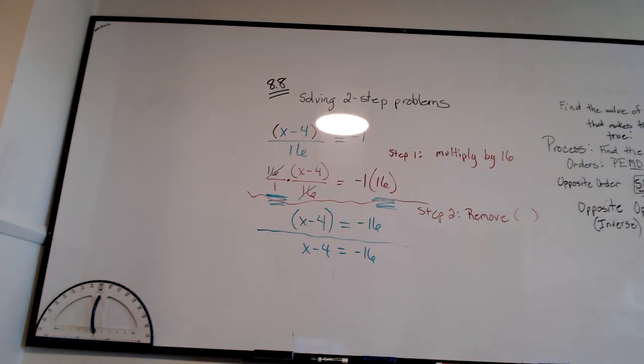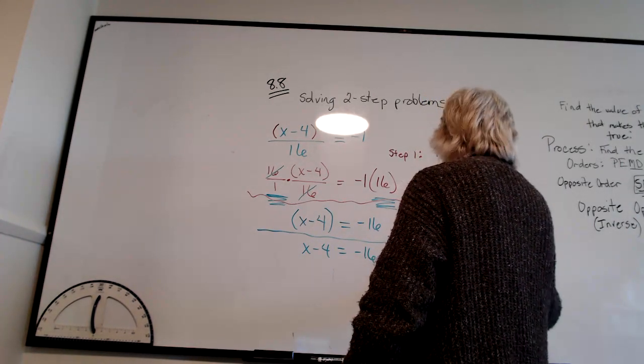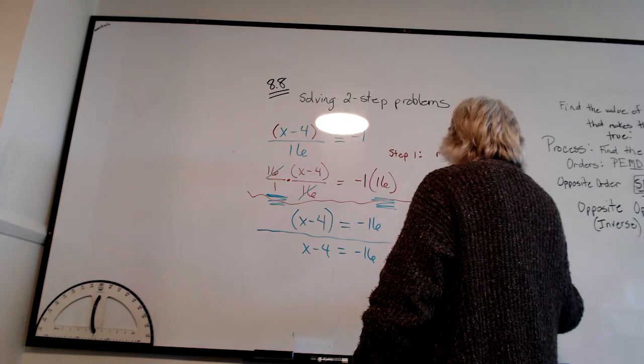Okay? So Branson, what am I going to do on both sides to solve this equation? You're going to add 4 to negative 16. Yep, step number 3 is we're going to add 4.